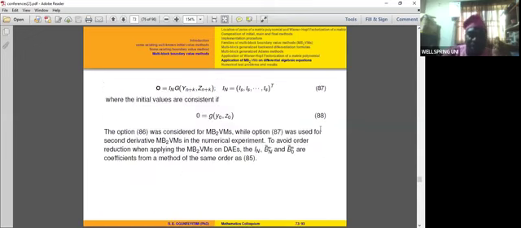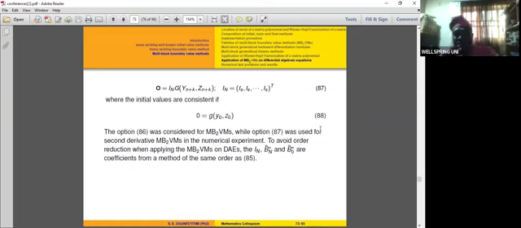Then we can also use identity, which is given in the method. If the function of the method has identity inside, we can also use the condition in 87, where the initial values are consistent with the condition given in the DAE. The option 86 was considered for multi-block boundary value method, while option 87 was used for second derivative.